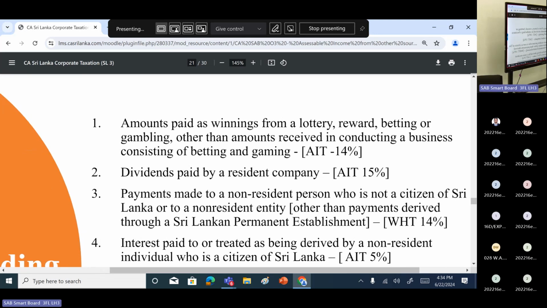Amount paid as winnings from a lottery, raffles, betting, gambling, other than amounts received in conducting a business. Betting and gambling. So you know that winning from a lottery is subject to withholding tax at 14%. Right? If that lottery prize is more than 500,000, then it is subject to withholding tax.